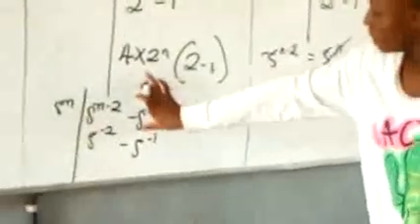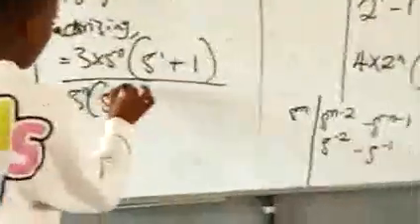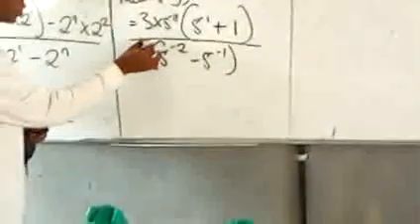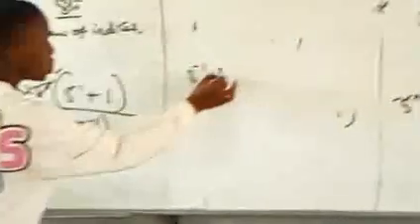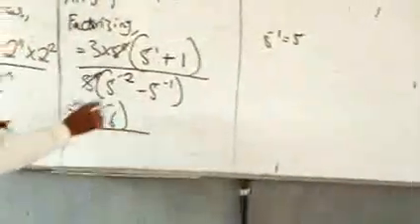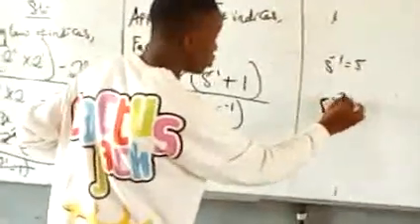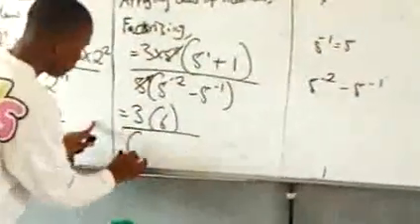When it cancels out this, we are now left with 5 raised to power minus 2 minus 5 raised to power minus 1.